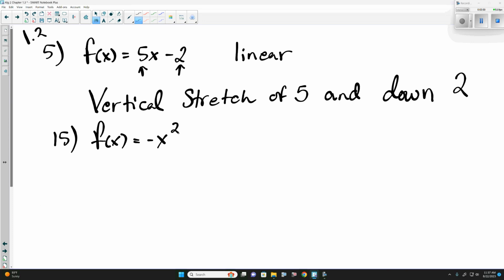The only transformation we have for this one is the negative. That negative tells us we have a reflection, and there are two places it could reflect: either across the x-axis or the y-axis.